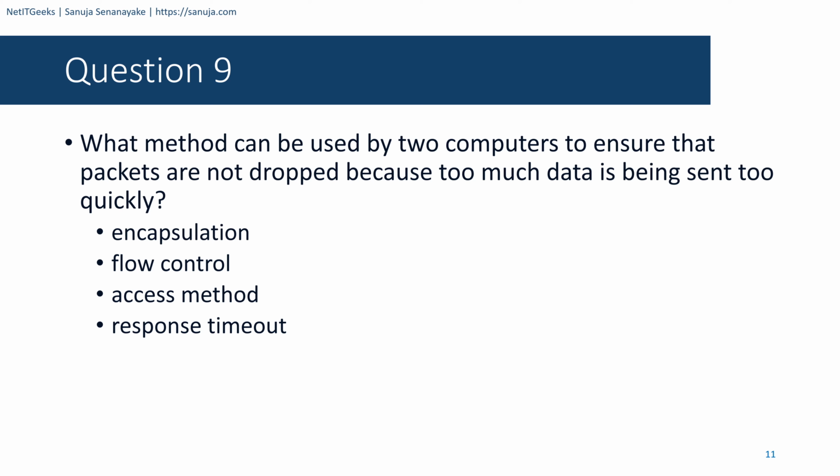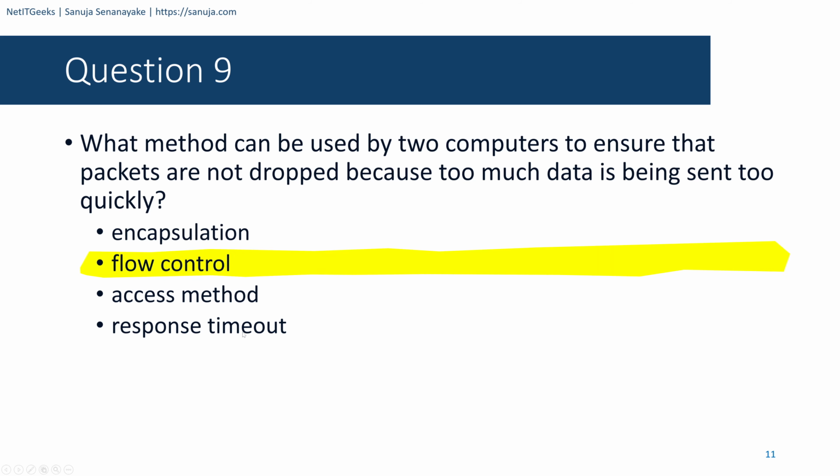So we have the answers such as encapsulation, flow control, access method, and response timeout. I would definitely eliminate access method and encapsulation. However, response timeout and flow control are pretty close to each other. But as I have covered in my lecture videos, what we use is something called flow control.